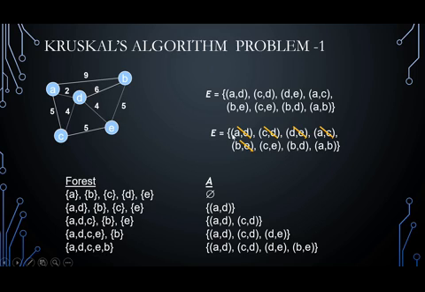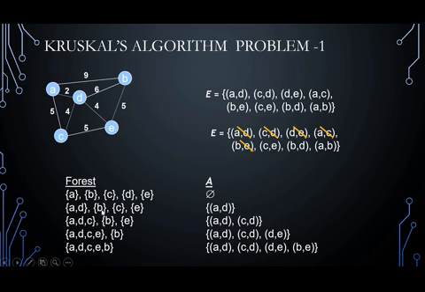So first I will pick the first edge AD. So I will check in the forest. A is a separate set, D is a separate set. So it is a safe edge. Add it onto A. So in A, I'll add this edge A comma D. And in the forest, I will merge A and D. So AD becomes a single set.